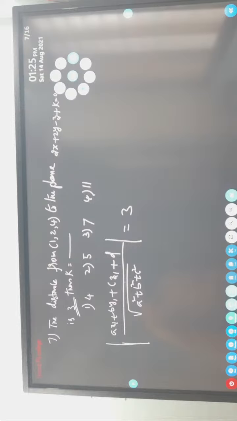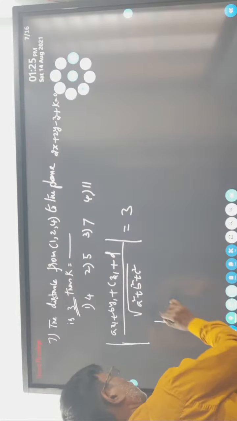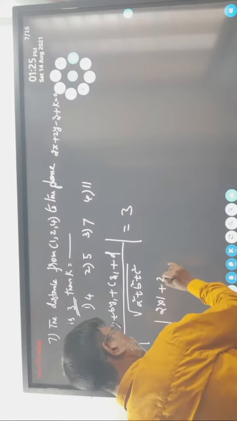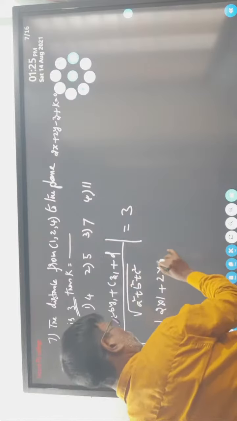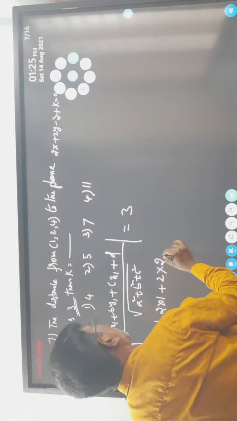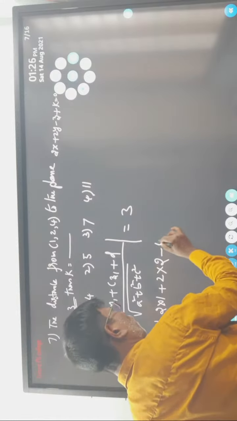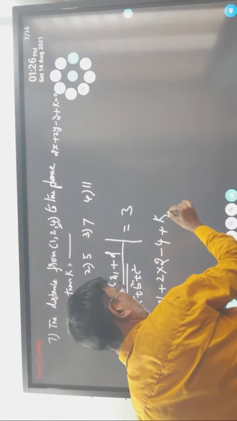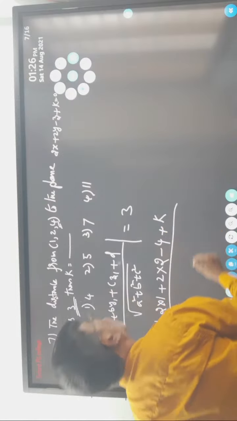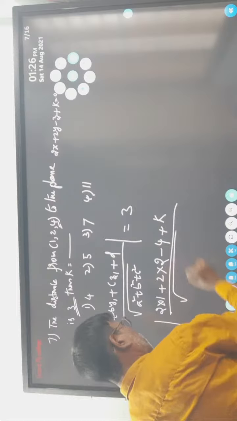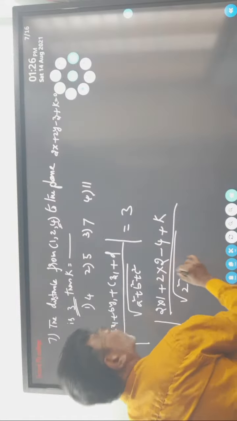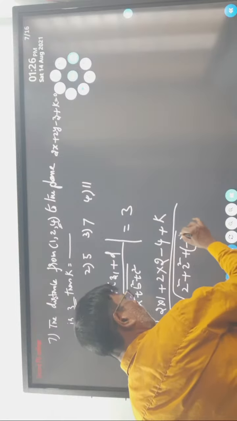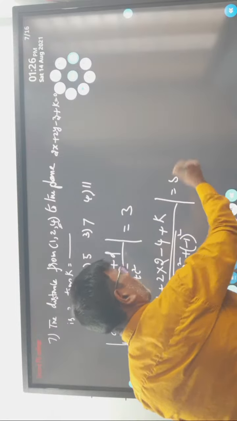The distance from the point (1, 2, 1): 2 into 1, plus 3, plus 2 into 2, minus 1 into 1, minus 4, so minus 4 plus k, divided by the square root of 2 square plus 2 square plus minus 1 square, which is 3. That is given as 3.